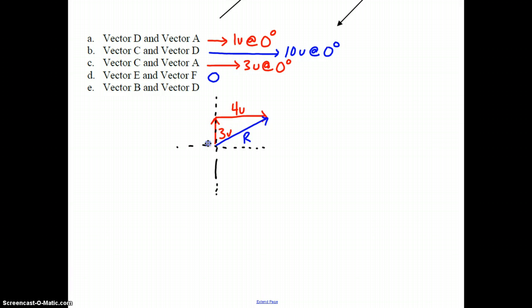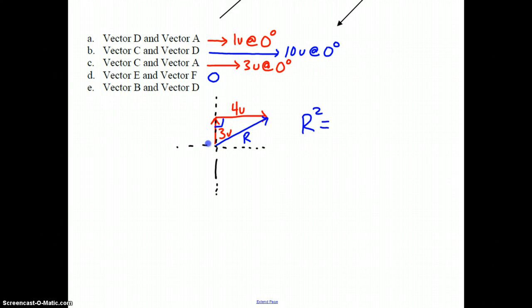And so we're going to give ourselves a rectangular coordinate system by which we can find the resultant R. Because these 2 are at 90 degrees to each other, this allows us to use trigonometry to solve the problem, because the 3-unit vector, the 4-unit vector, and the resultant itself form a right triangle. So how would we find R?